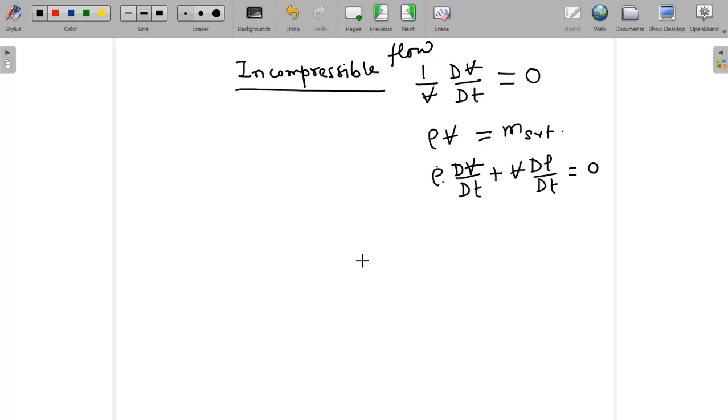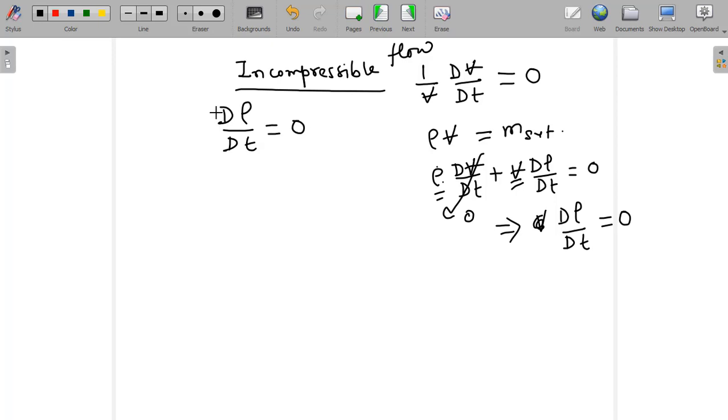So it is quite clear that if dV/dt is 0, then that implies dρ/dt is equal to 0, because definitely this volume and the density are non-zero. So dρ/dt is equal to 0.